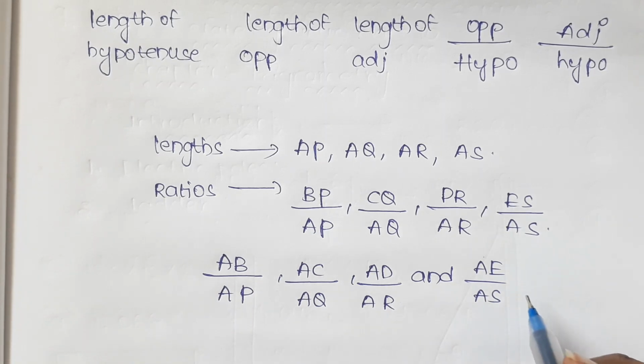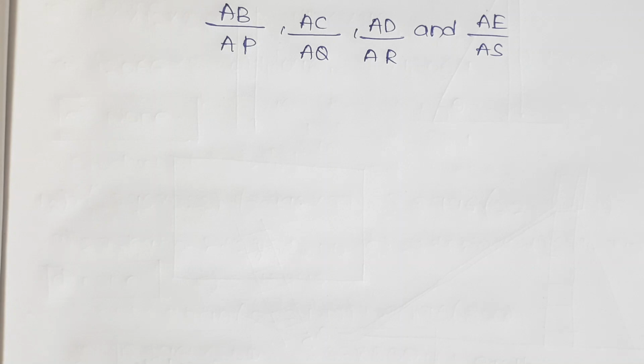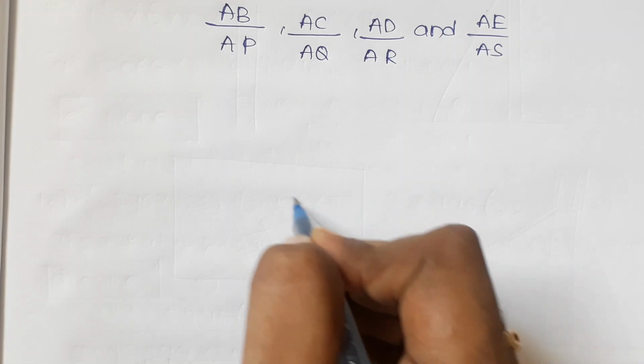And as we observe from the previous figure, now let us define some of the trigonometric ratios. In the previous example, we have the right angle triangles. Let us draw once again that right angle triangle.